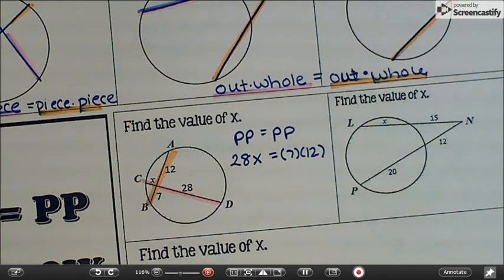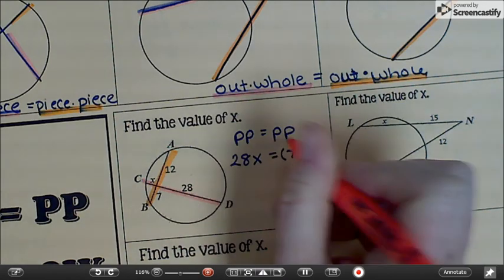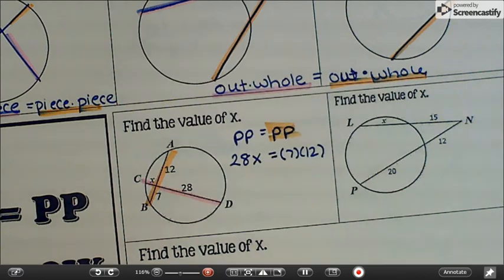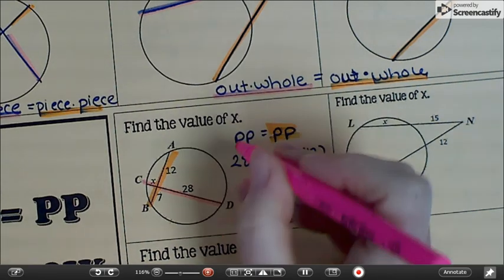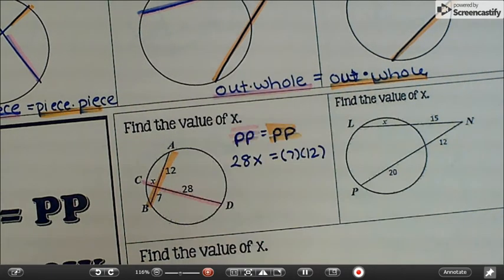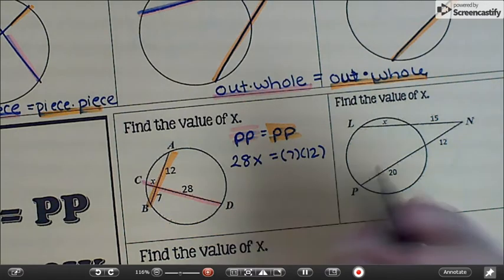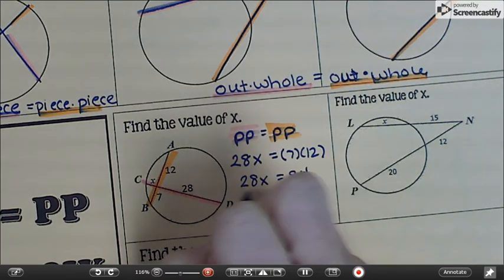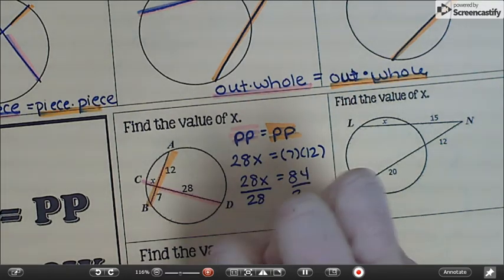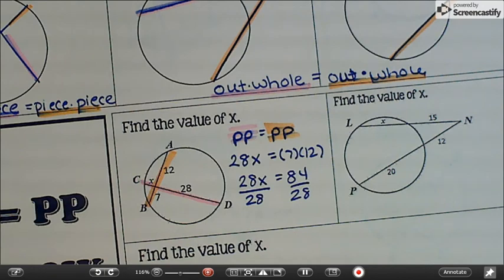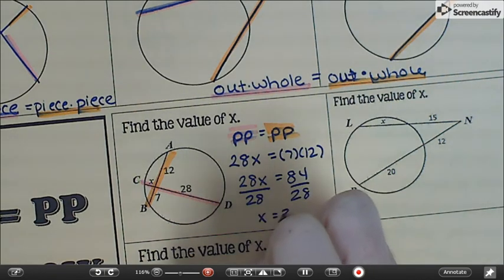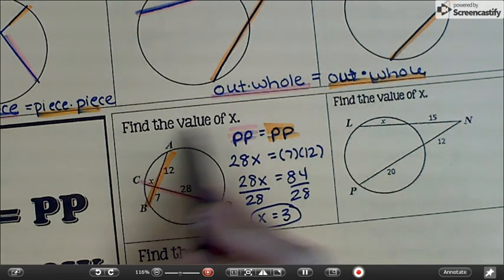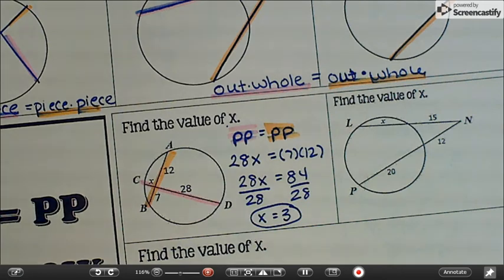So piece times piece of the orange equals piece times piece of the pink. All right, and then we just do that math. So 28x equals 84. X equals 3. And the instructions say find the value of x, so we're done.